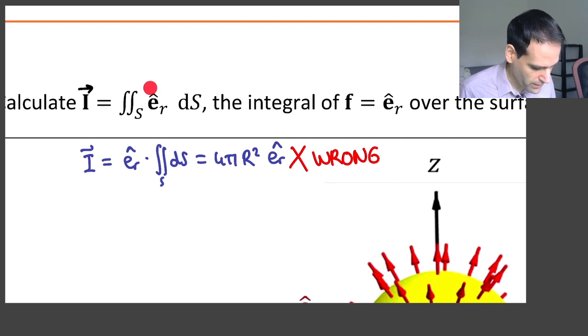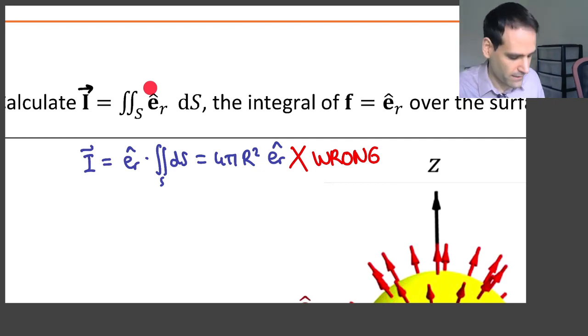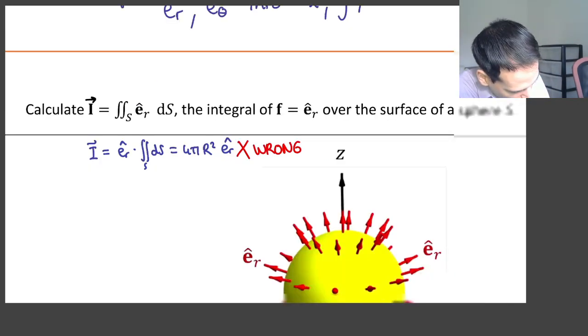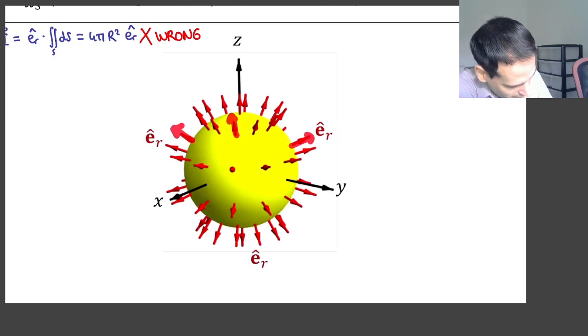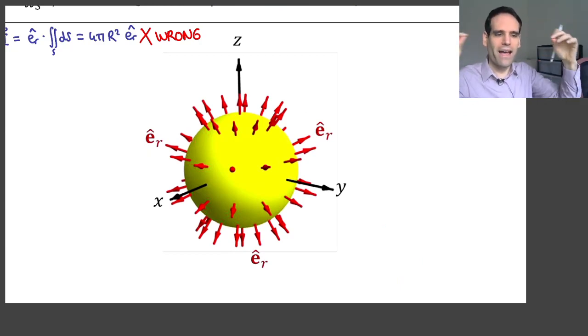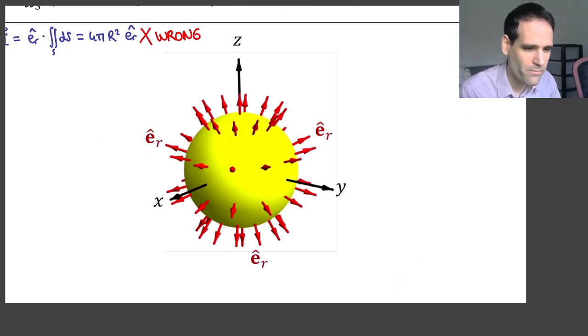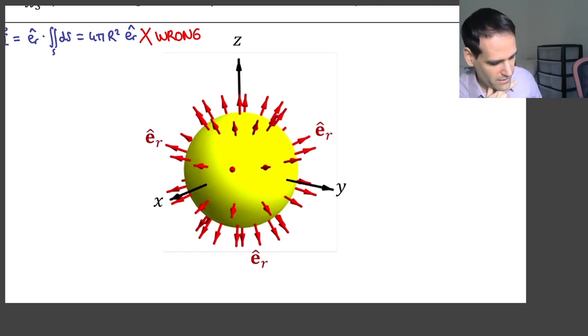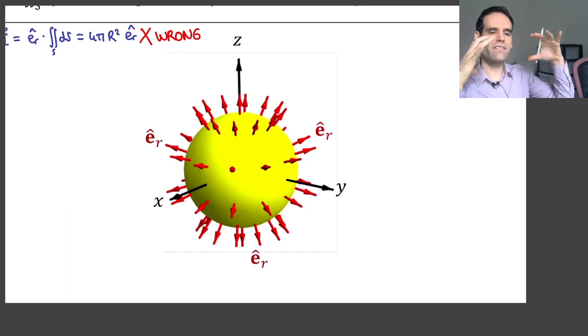Visually, this is what we are doing. So e_r hat is this arrow that points away from the origin. So this creates like this bubble fish that inflates and it has spines. Yeah, that's what this reminds me of. So we are saying, okay, integrate this e_r hat vector throughout the entire sphere.